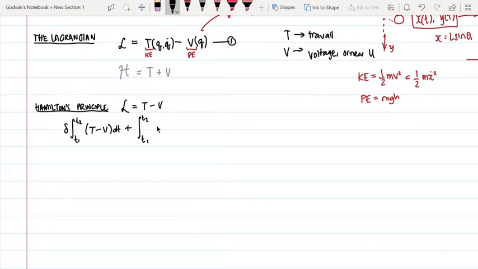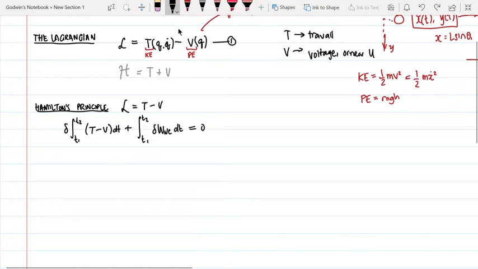From T1 to T2, we have small steps in non-conservative work, dt. That should be equal to 0. In most cases, kapag wala kang nilalagay na external forces or you're not taking out any energy, this is supposed to be 0 normally. But anyway, we'll just include that just for posterity.